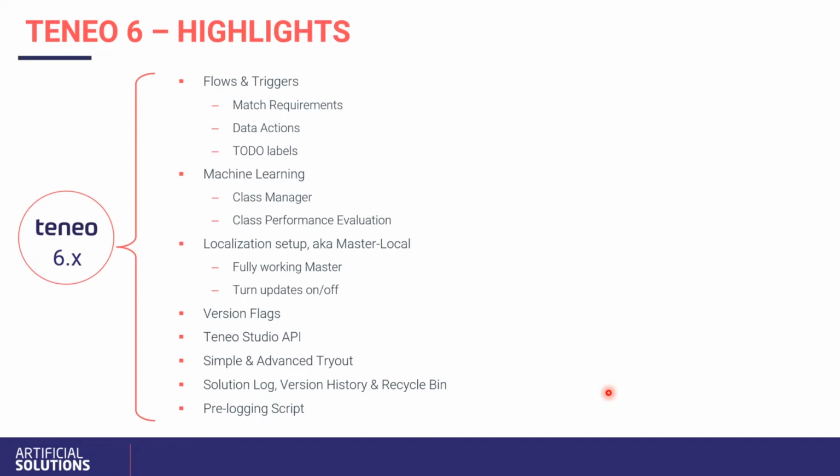Then we'll talk about some enhancements in terms of history and solution versioning. So there's a new solution log. You have increased version history on elements, different documents in the solution, and now we also have a recycle bin. And finally, one of the highlights that we'll look into is a new script event called the pre-logging script event.